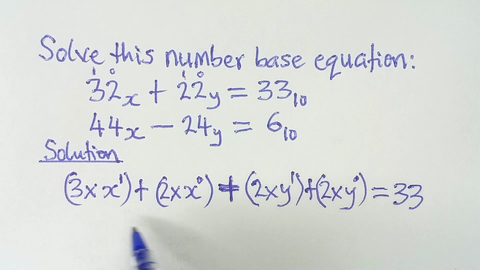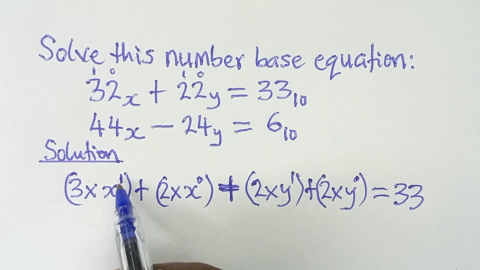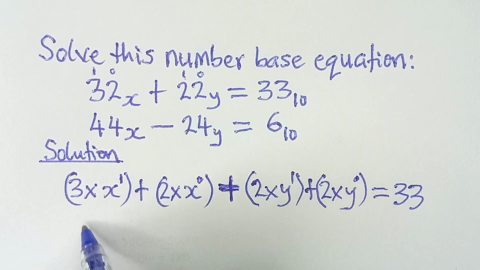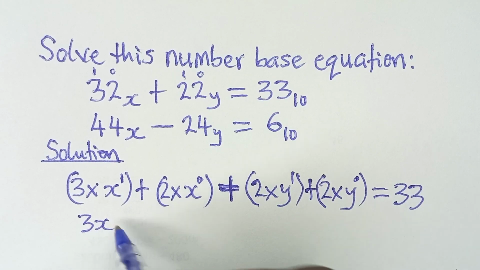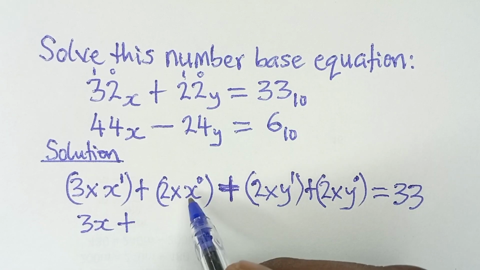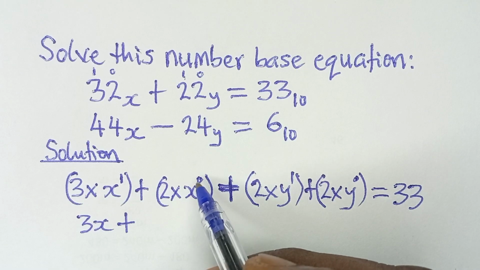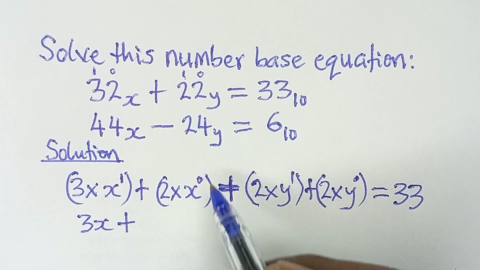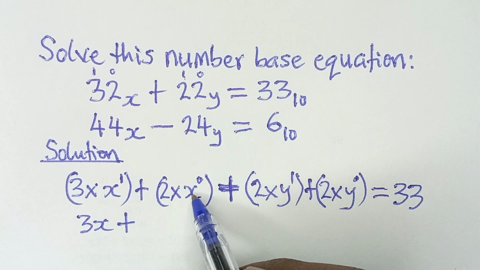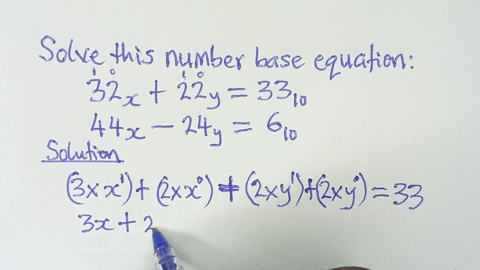So let's simplify this further. 3 x raised to the power 1 is x, so 3 multiplied by that will give us 3x, and then plus x raised to the power 0 is 1. Don't forget, any number raised to the power 0 is 1. So 2 multiplied by 1 will give us 2.